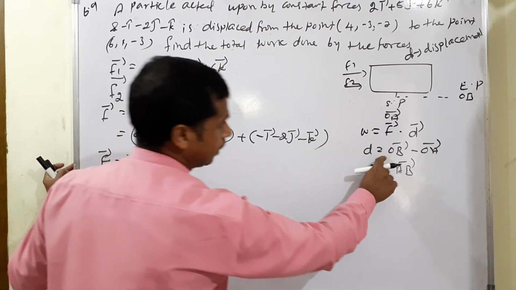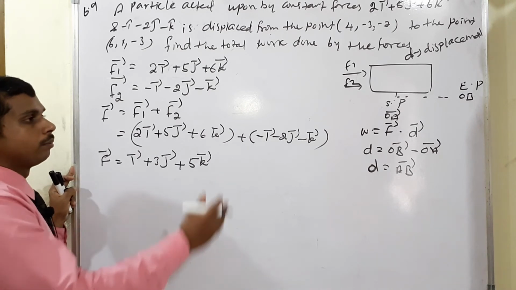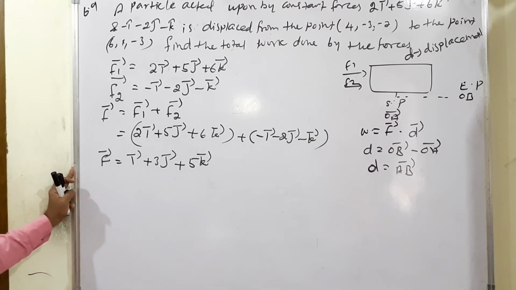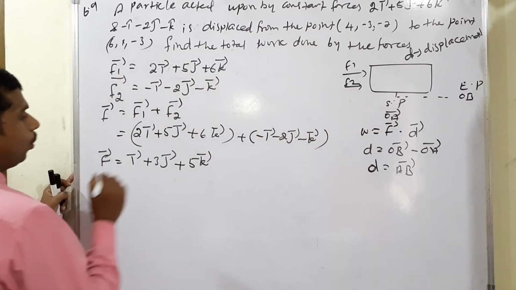Then we need D. How to find D? Ending point minus starting point, isn't it? The starting point is given, that is called OA.